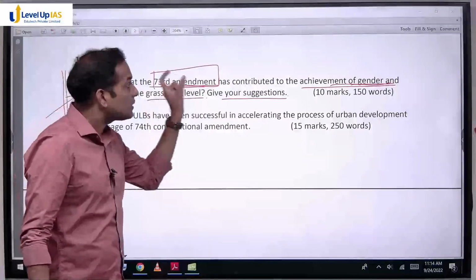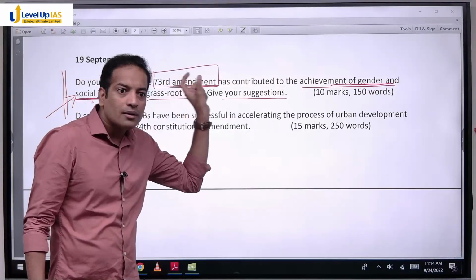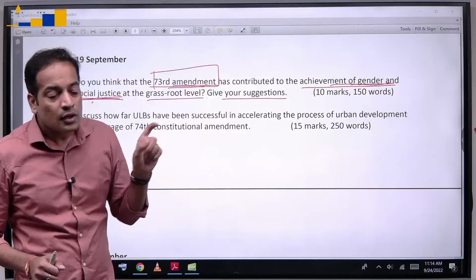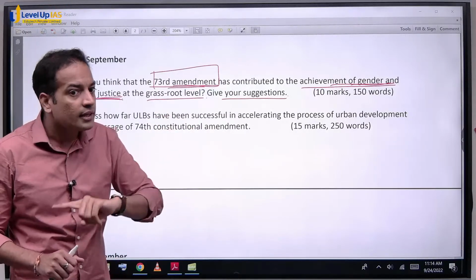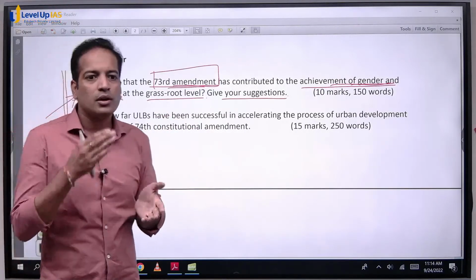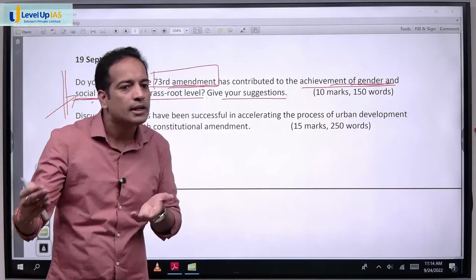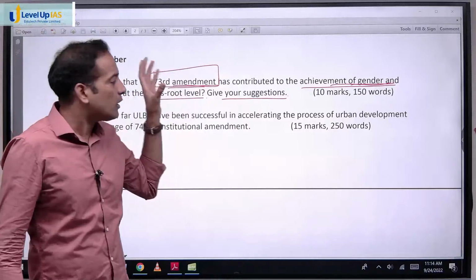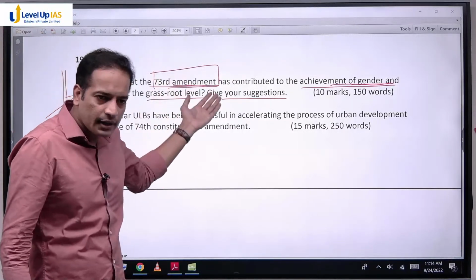Underline the key terms that you find in the question, and while writing the answer, go back to the question again and again. Going forward, two or three months down the line, naturally this will become your habit, so you won't need to read these questions again and again.